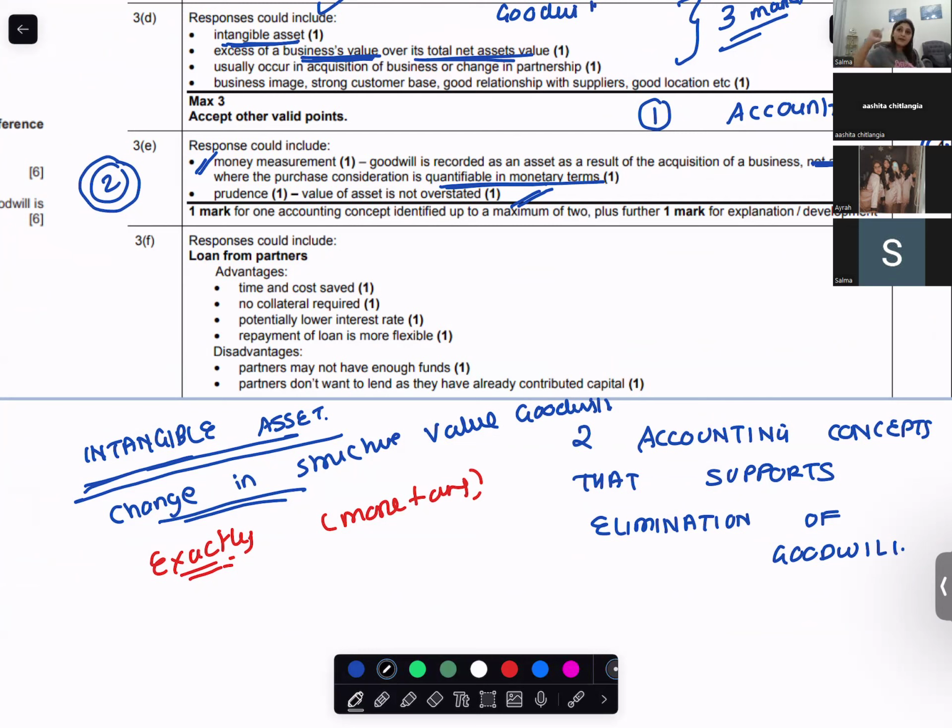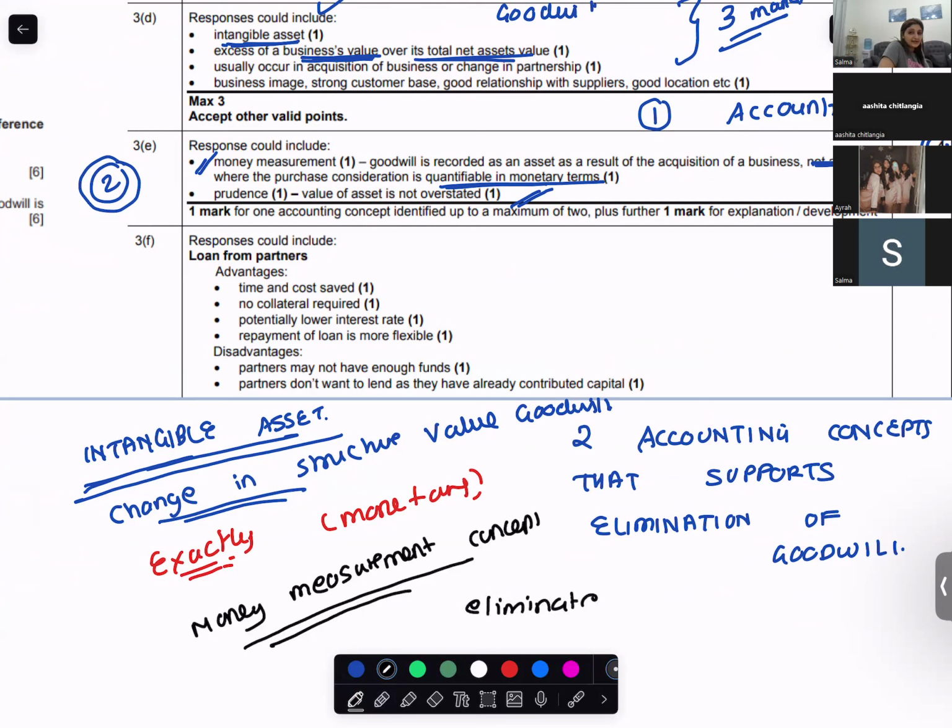So even though I am raising goodwill, to support the money measurement concept, what do I do? You write it off. I eliminate it from the books. Why do I eliminate it, Ashita? Because it does not have the exact value.